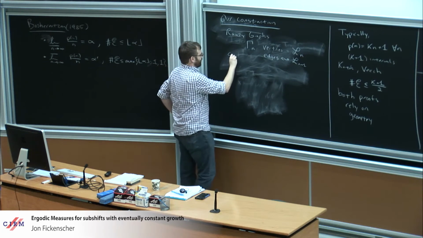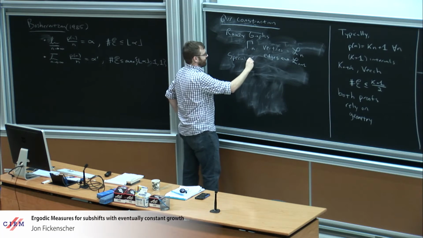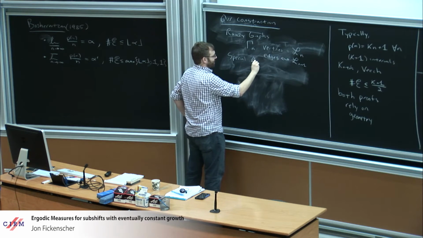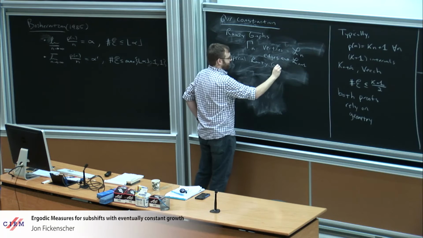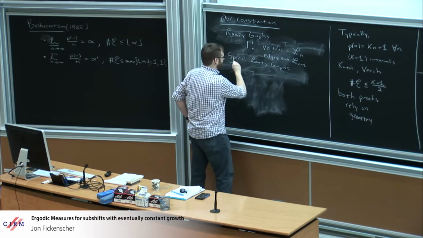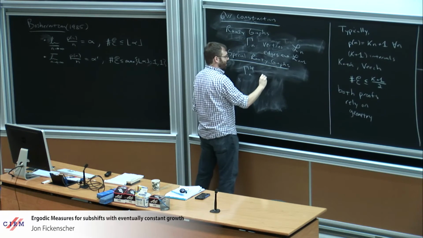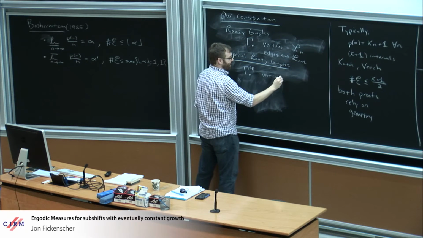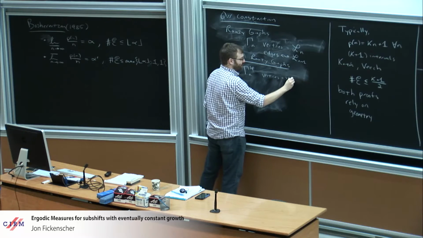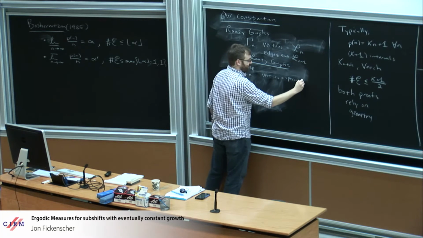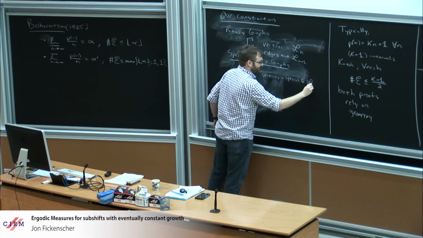So all we do first, so that we can start drawing pictures that are a little less gross, is define special Rauzy graphs. And here the difference will be the vertices will just be all special words of length n.